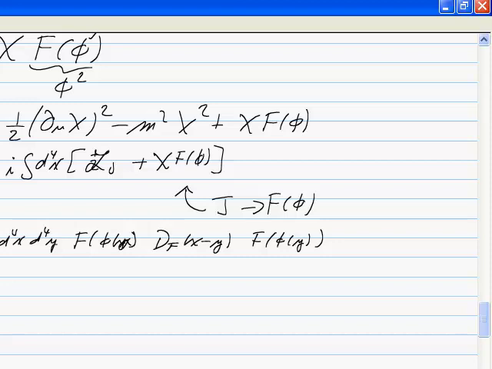So again, if f was phi squared, there'd be phi squared at x, phi squared at y, and this propagator in between. Okay, well, there's the example where it's not local at this stage. If this were, for example, the photon propagator, then it has a long-range component.